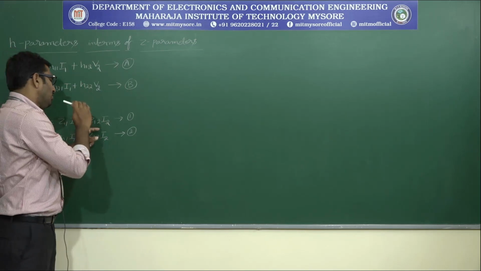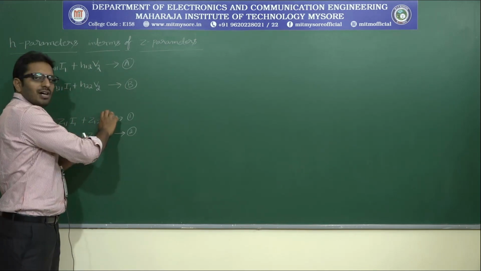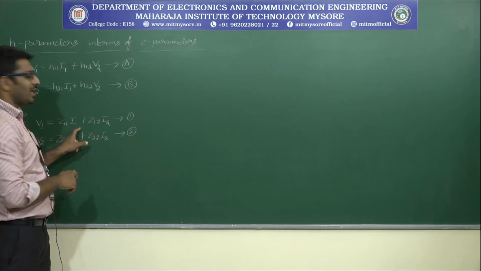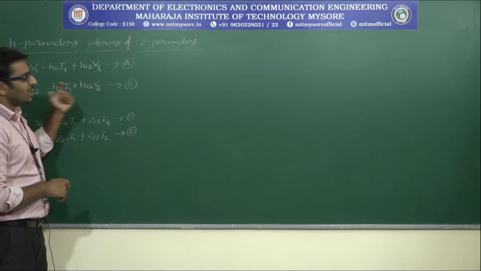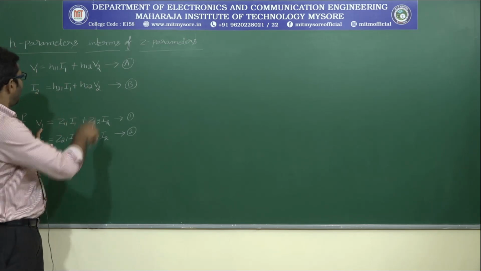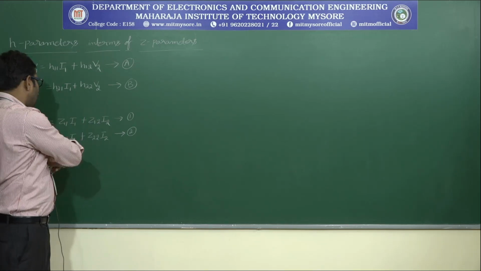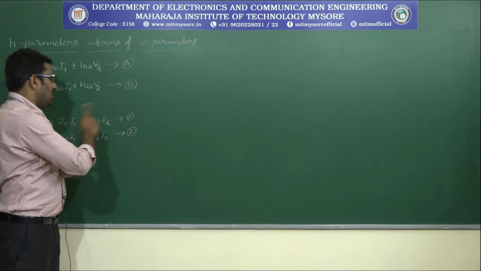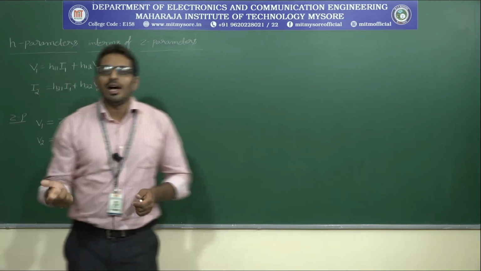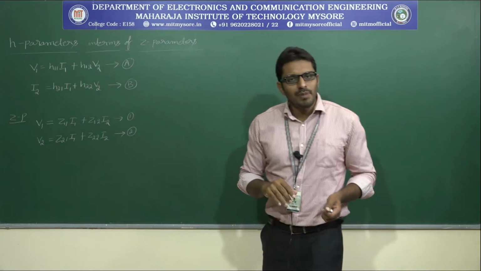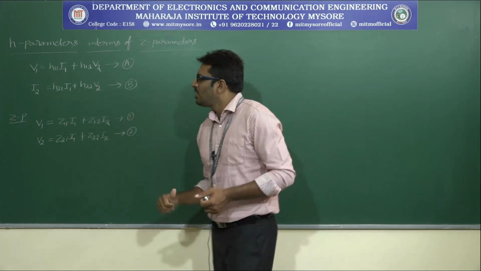So, it is not possible to rearrange equation 1 like equation A. Now, again consider equation 1 and compare with equation B. Yes, V1 is absent. So, equation 1 is not possible to rearrange like either equation A or equation B.